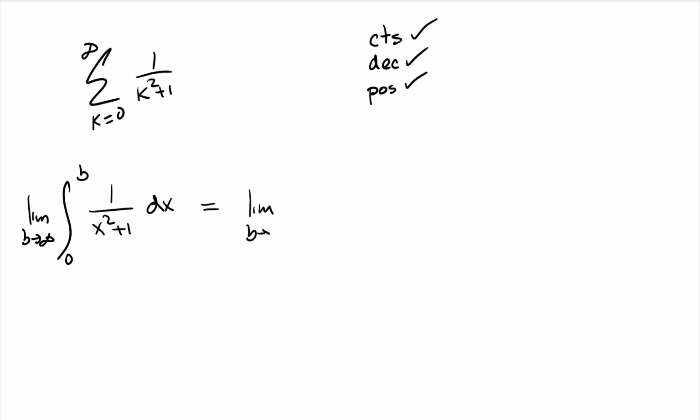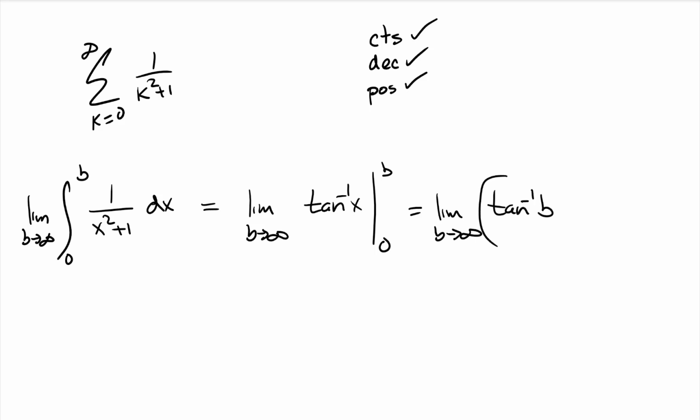So we get the limit as b tends towards infinity of inverse tangent of x evaluated from 0 up to b. So we have the limit as b tends towards infinity of inverse tangent of b minus inverse tangent of 0. As that goes to infinity, we get pi over 2 minus 0, which is pi over 2. That's a number.